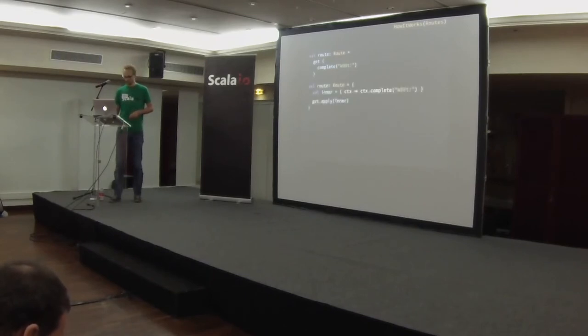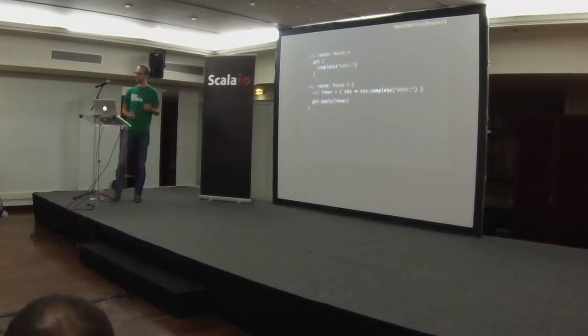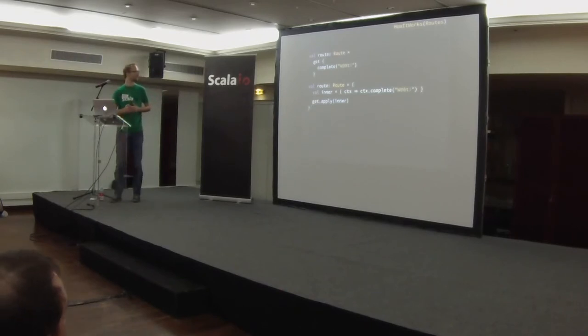Then you can rewrite it as an inner function that does the complete, and then the GET directive can take that inner function as an argument, which produces a new function, and whenever a request comes in, that function gets executed with the request. So it's very functional in the way it works, and that allows you to compose very powerful structures, as we'll see later.